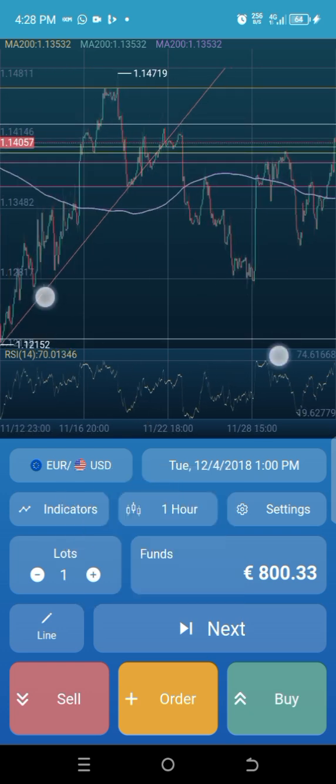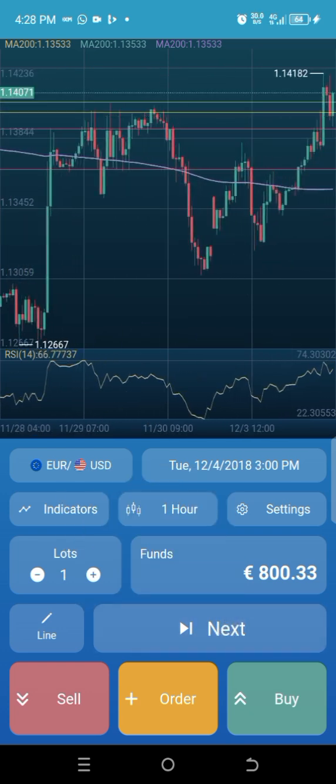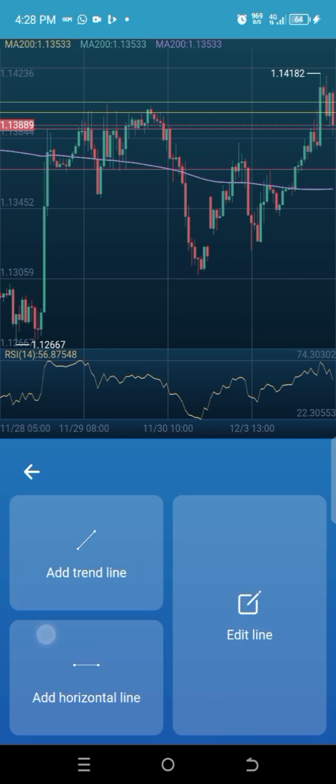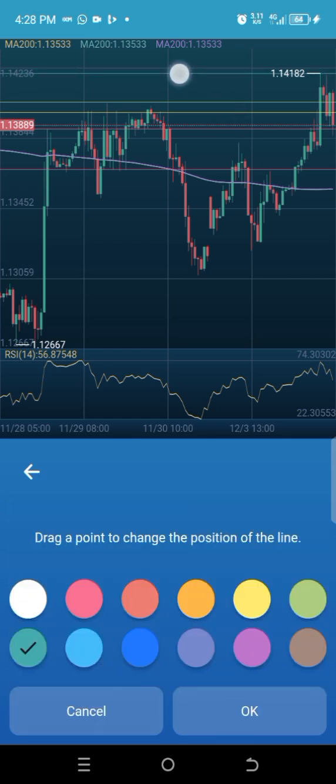One more trade within that area. Sell. Stop loss.